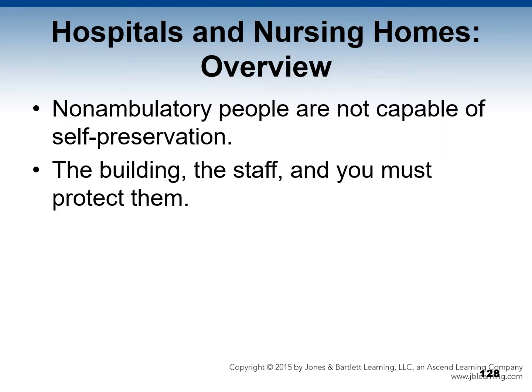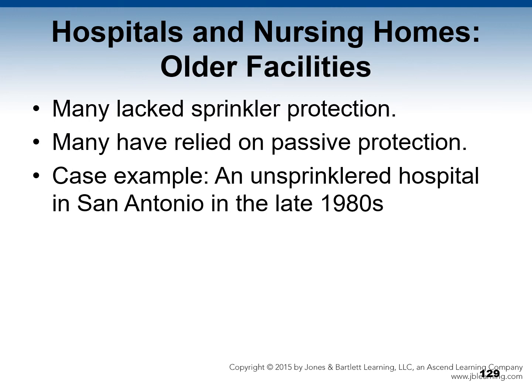Now let's discuss hospital and nursing homes. In relation to non-ambulatory people, these are individuals that are not capable of self-preservation. The building, the staff, and you must protect them. In regards to older facilities, many lacked sprinkler protection. Many relied on passive protection.